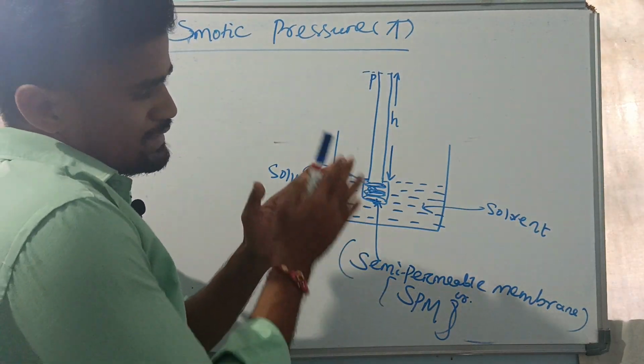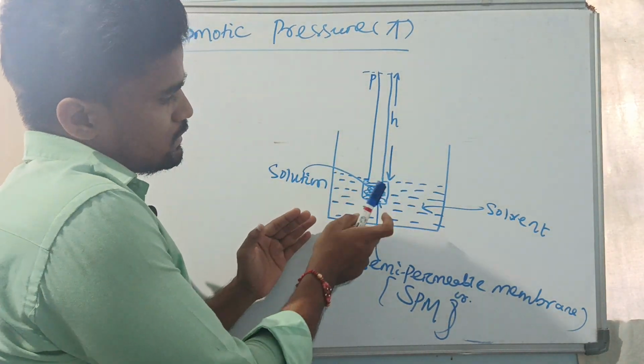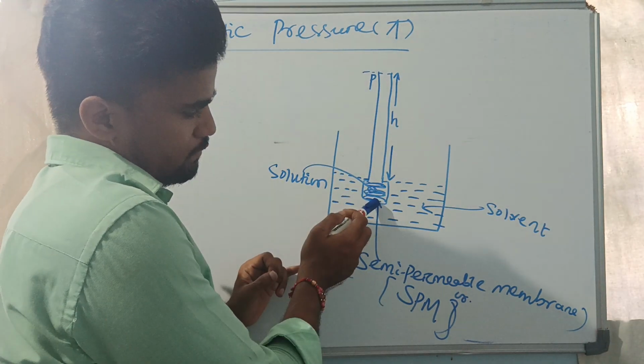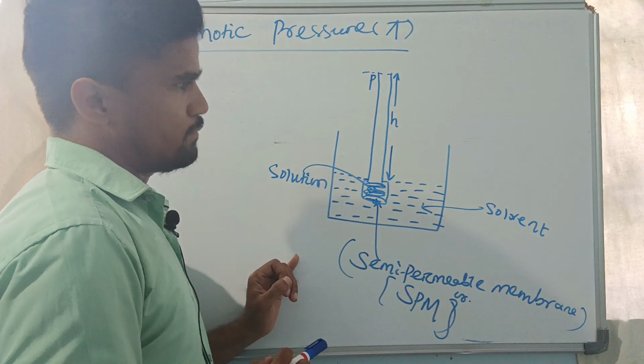The membrane which separates the solvent and the solution is called a semi permeable membrane.